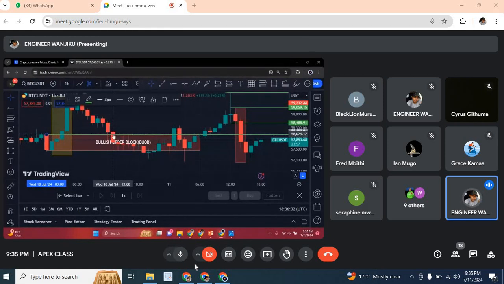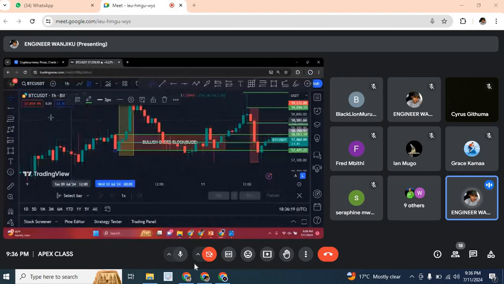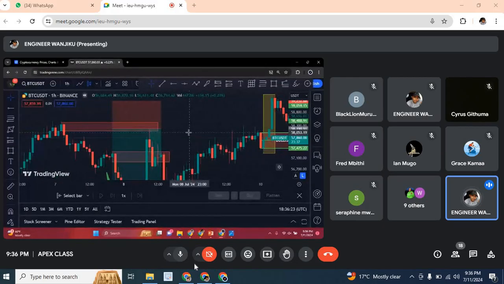The market actually triggered that point. If they took 50% of it, let's just assume 50% was around that price, they were also triggered. And those who took at the bottom of the order block, just right there, also got triggered.